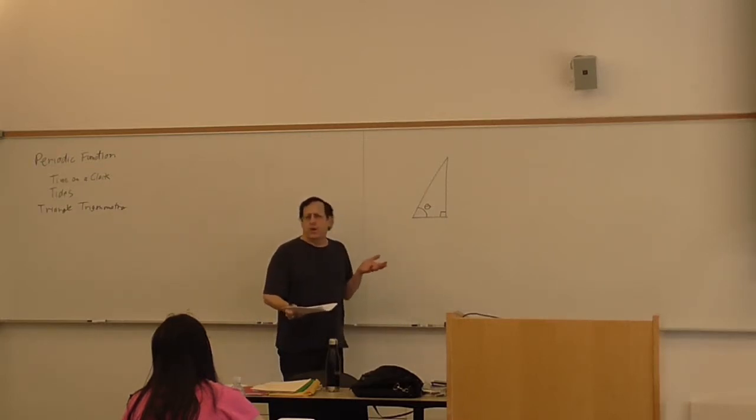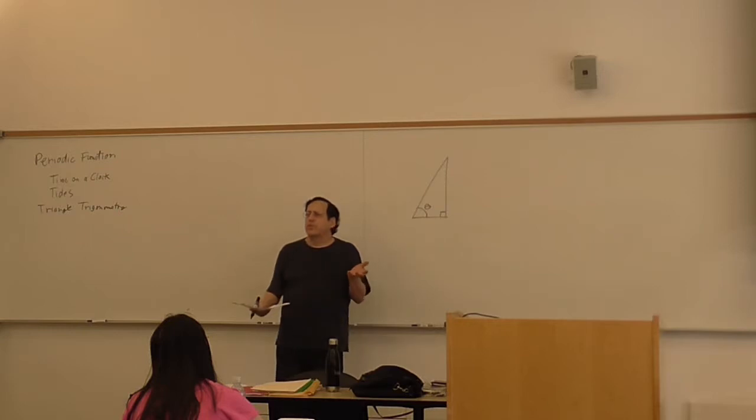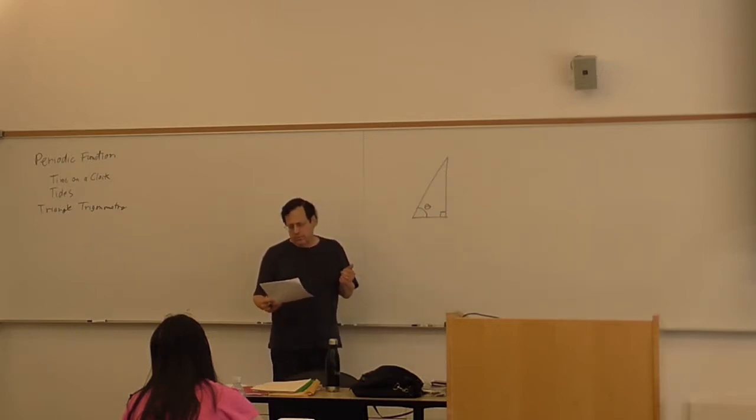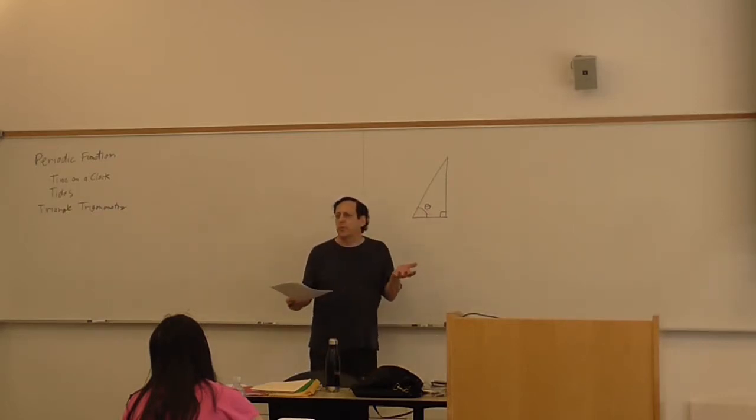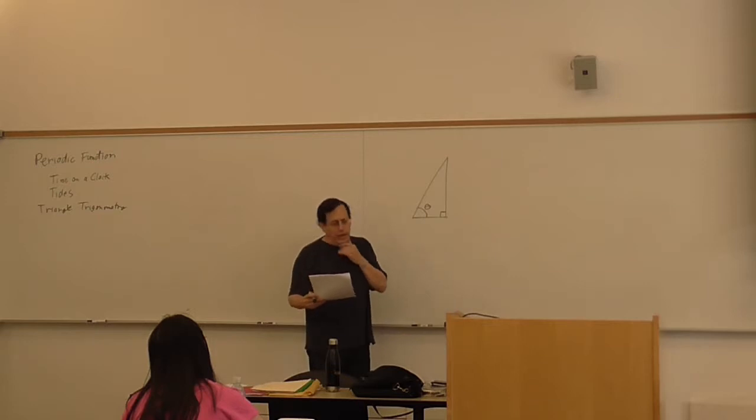Anybody confused by Greek letters? We use Greek letters a lot in math. I don't know why we use any particular letter, other than everyone knows pi, of course, but for angles we often use theta.